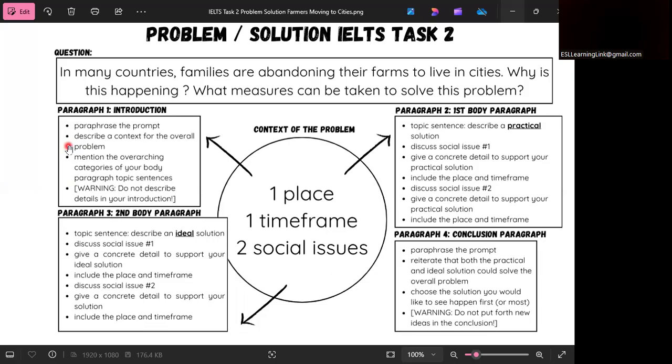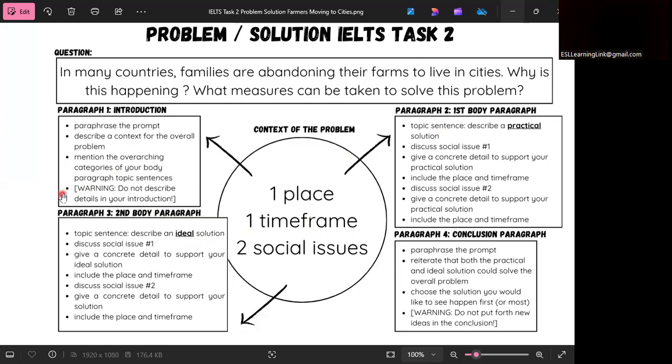So you can say it's happening currently, time frame, in Peru due to the advent of the internet, increasing job opportunities, and due to access to birth control, reducing family sizes. So you're going to have the overarching categories of your two body paragraphs mentioned.